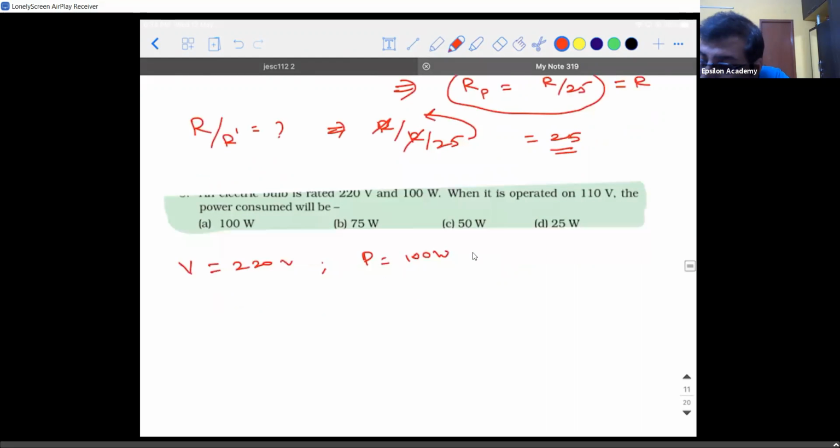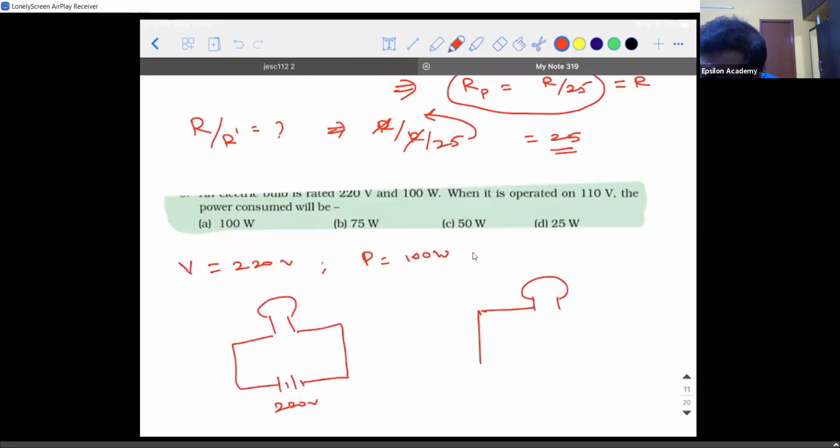So let's visualize it first. You have a bulb. The bulb is connected across a power source of 220 volt. Right. Then if the same bulb is connected across 110 volt, then what is going to be the power rating of this?